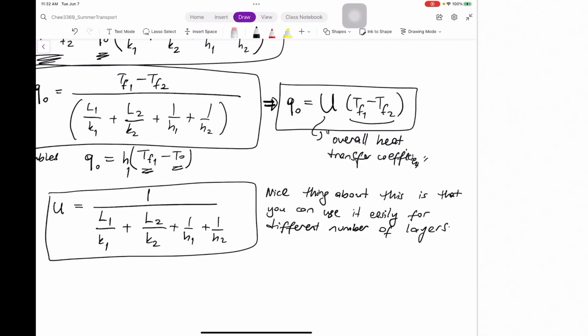Meaning that in this case you had a composite material which had 2 different types of materials. You can have scenarios where you have 3 composite layers attached to each other. You can use this formula pretty easily.